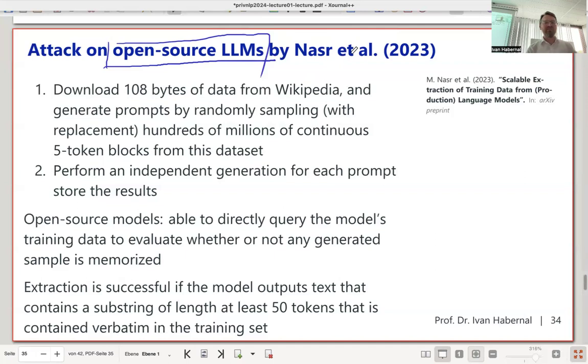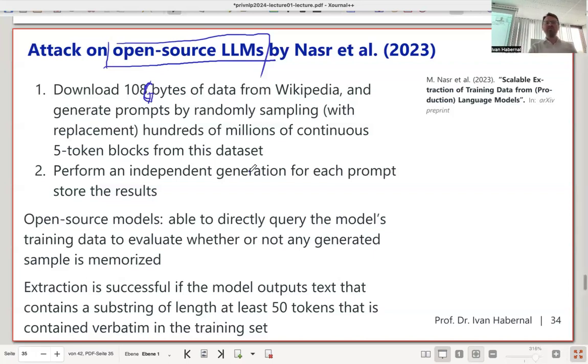They had a couple of models, including really open models and somewhat half-closed models. They downloaded 100 gigabytes, excuse me, not bytes, gigabytes of data from Wikipedia, and generated prompts by randomly sampling hundreds of millions of continuous 5-token blocks from this data set. So you take Wikipedia and just sample spans, like 5-grams.